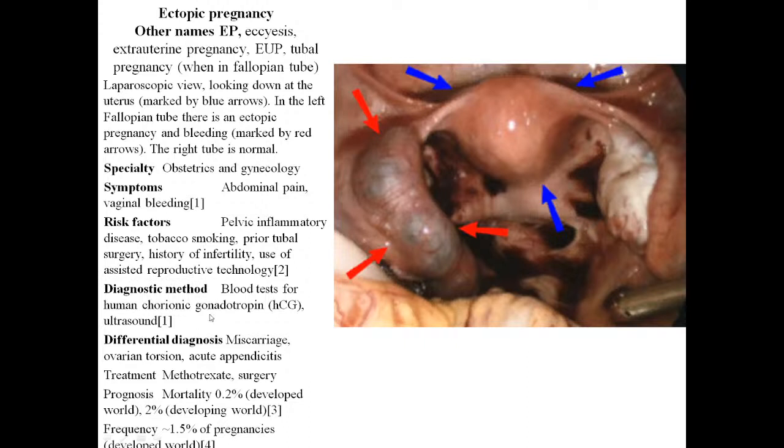Diagnosis methods: blood test for human chorionic gonadotropin, and ultrasound. It's ectopic pregnancy, which leads to acute abdomen and internal bleeding.